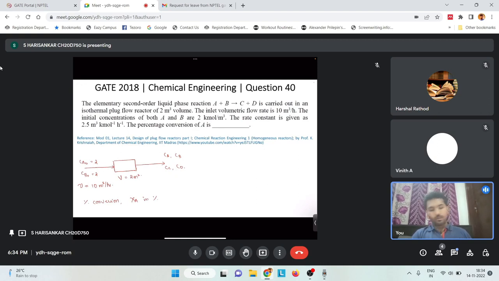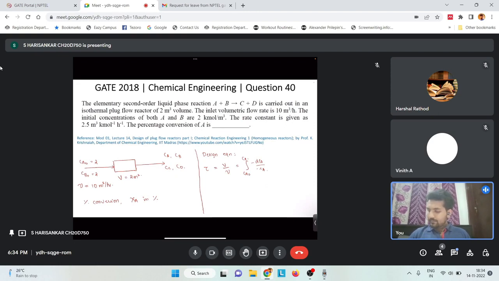So what we can do here is start with the design equation of the PFR. The design equation of PFR is tau equal to V by nu, which is equal to the integral of minus dCA by minus RA from CA0 to CA.